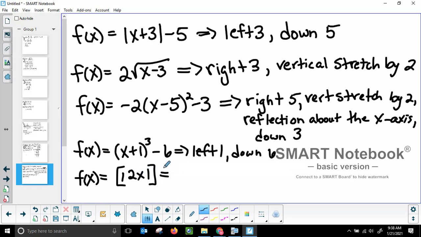Because that's a 2 on the inside, that's actually going to be a horizontal shrink. And you can say by 2, or by 1/2. You're really cutting it in half. But if you say shrink by 2, that's fine because that's the same thing. It's taking half. So I would accept either. Of course, multiple choice, it won't matter. Just pick whichever one's there. So again, number 6, you wouldn't be graphing those, but on multiple choice, it would be very easy for me to ask about transformations.